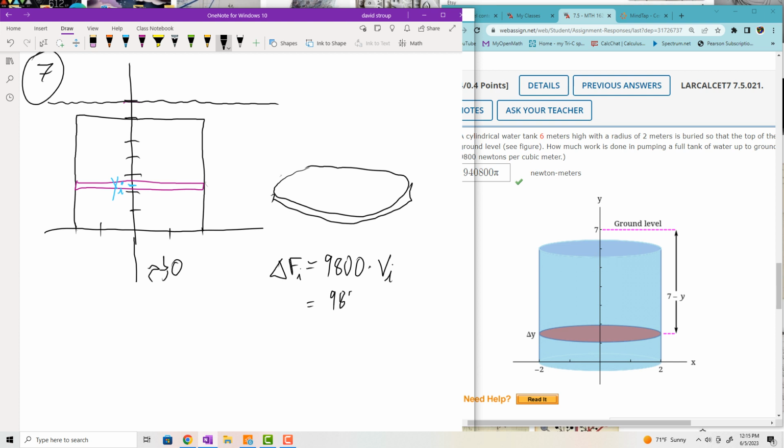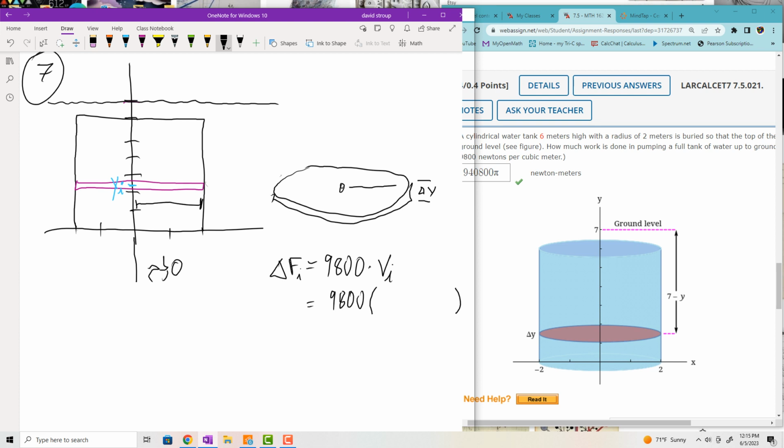So it'll be 9,800, and then to get the volume, it's going to be the formula for the volume of that particular disk, which in our case is pi r squared h. So the height value is going to be change in y, and then the radius value is the distance from here to here, right?